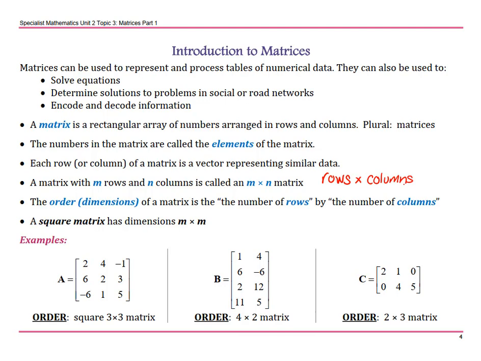So that's its order. Matrix B is a 4 by 2, 4 rows, 2 columns. Matrix C is a 2 by 3, 2 rows, 3 columns, and you'll notice that the matrix name, that capital letter, is in bold. You don't have to worry too much about that. It's a bit hard for you to write in bold, but just take note of that.